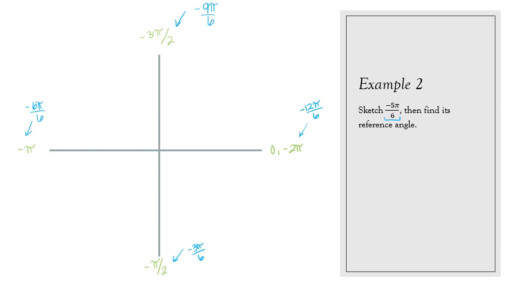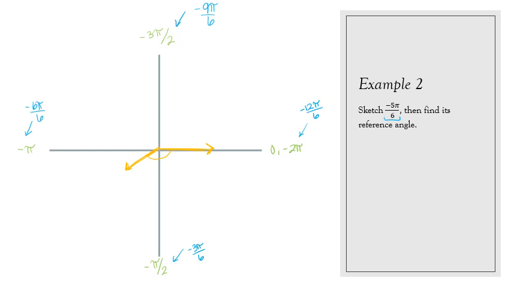Of course, might as well go ahead and resketch our initial side of our angle. Now negative 5 pi over 6, well, it's more than negative 3 pi over 6, but it is less than negative 6 pi over 6. So again, it doesn't have to be super perfect, but this terminal side is perhaps a little bit closer to negative 6 pi over 6 than it is to negative 3 pi over 6.